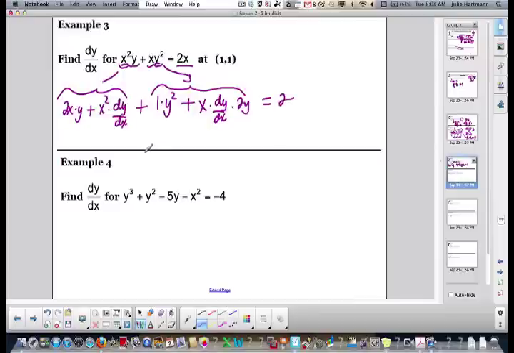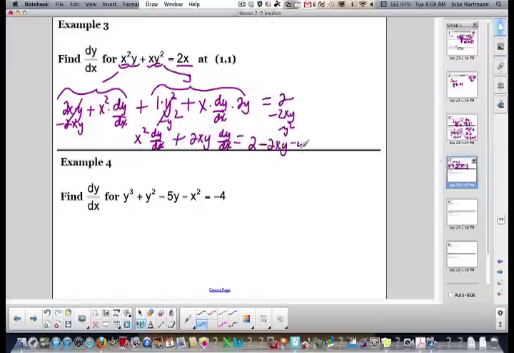So we need to subtract the 2xy over to this side and the y squared over to this side. So here we have x squared dy/dx plus 2xy dy/dx equals 2 minus 2xy minus y squared.